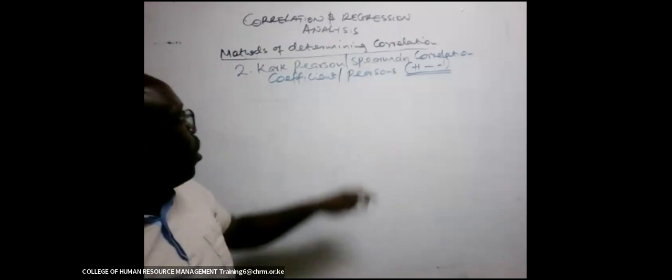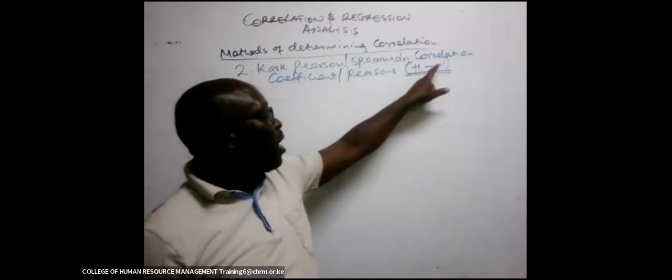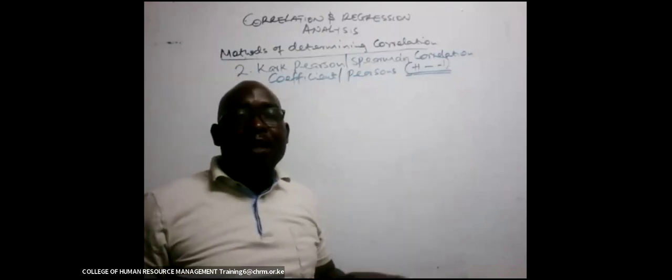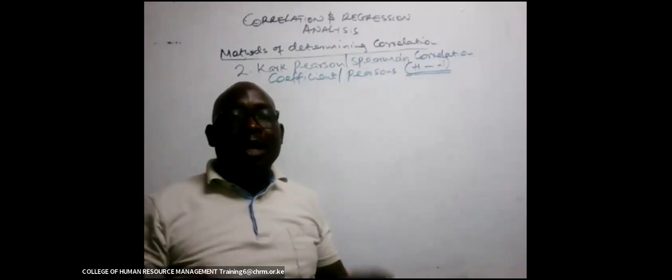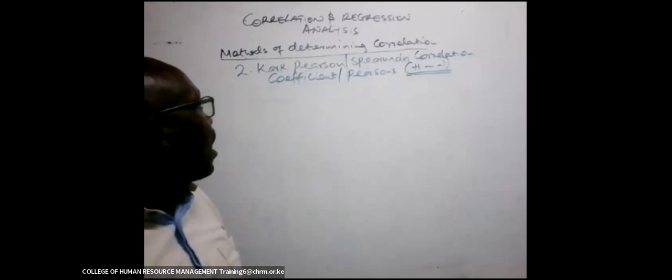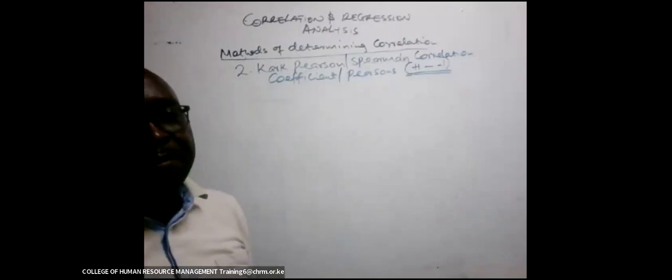You put it on the scale, and tell the level of correlation between the two variables. It is known as the Karl Pearson or Spearman's correlation coefficient.